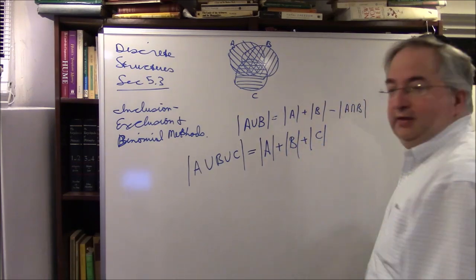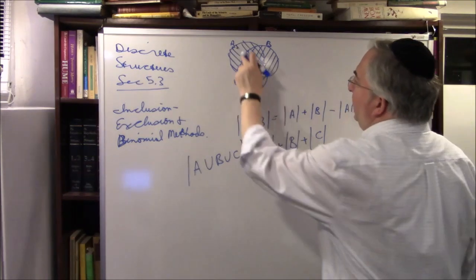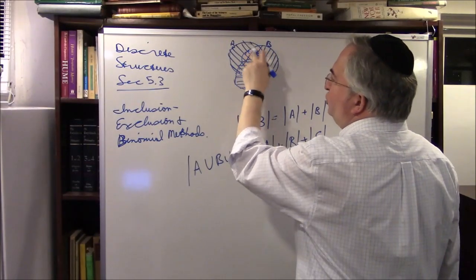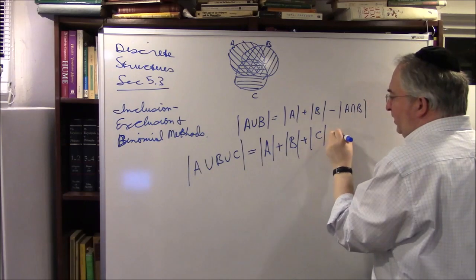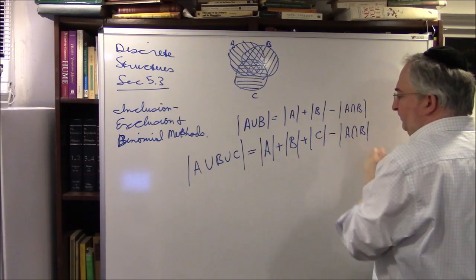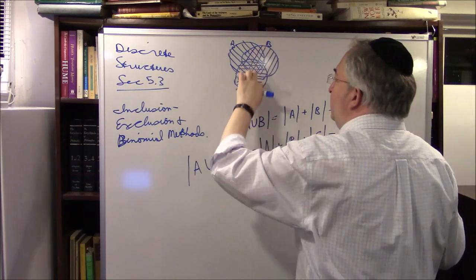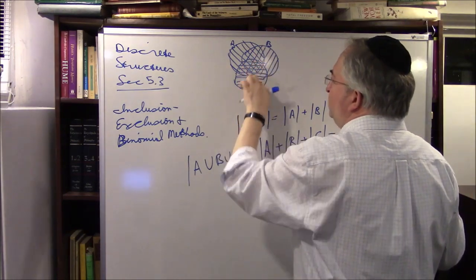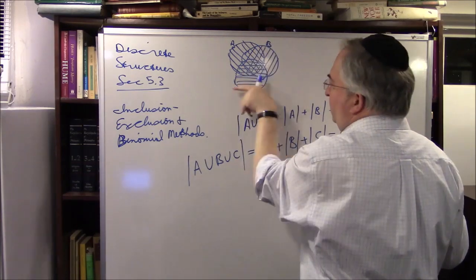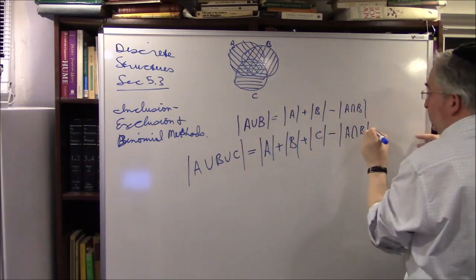But one second. I added A intersect B twice. That's why that has two things in there. So I better subtract it out once. So minus A intersect B. Same thing, B and C. I added them twice. I added them when I did B's, that's why they have arrows here, and I added them when I had C's. So I better subtract it again.